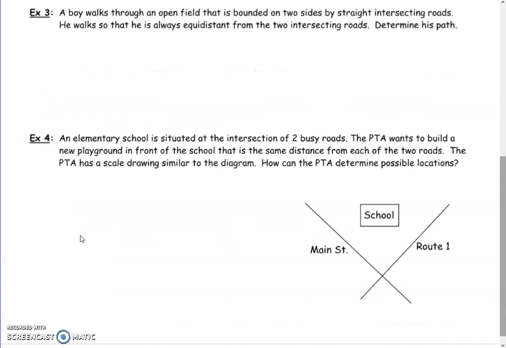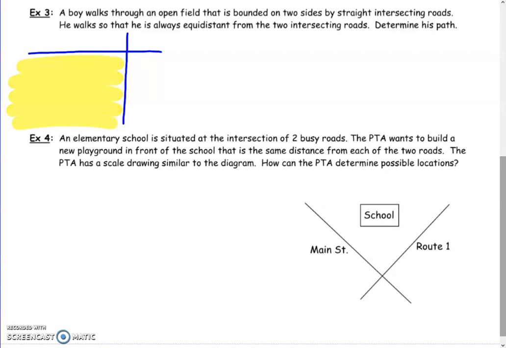Example 3, a boy walks through an open field that is bounded on two sides by straight intersecting roads. He walks so that he is always equidistant from the two intersecting roads. Determine his path. So two intersecting roads basically represents two intersecting lines. And I don't really care how you draw the two intersecting lines. You can kind of do it like this. You can do an X, however you want. But it's bounded on two sides, so I'm envisioning that this area right here is the field.